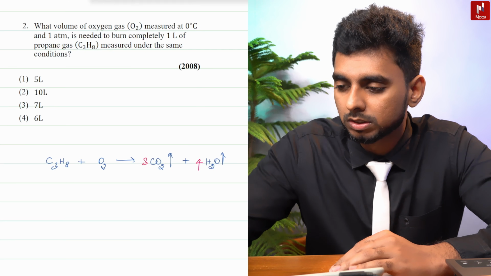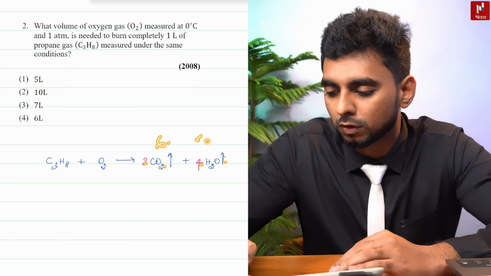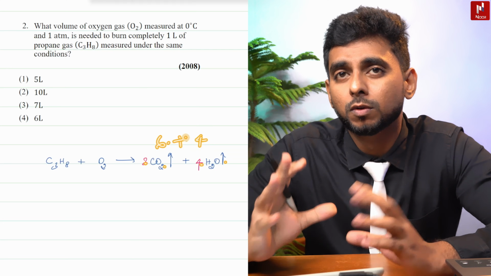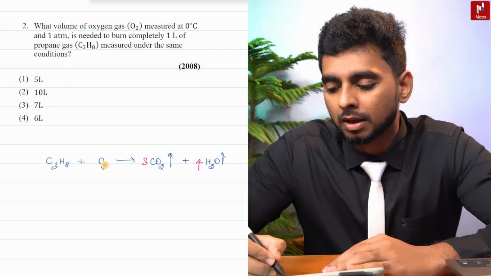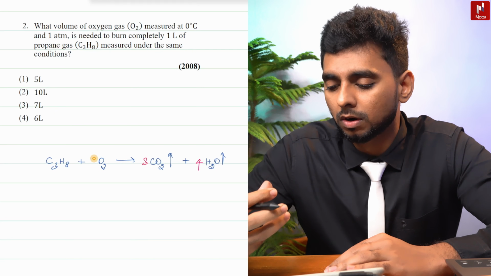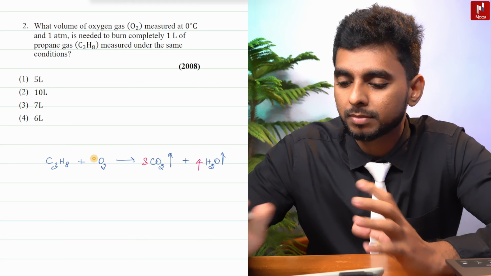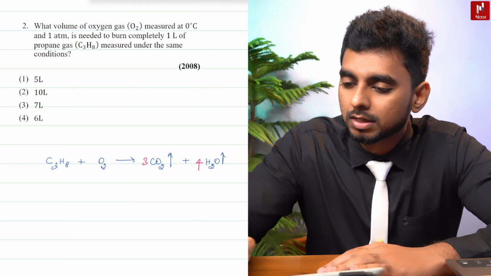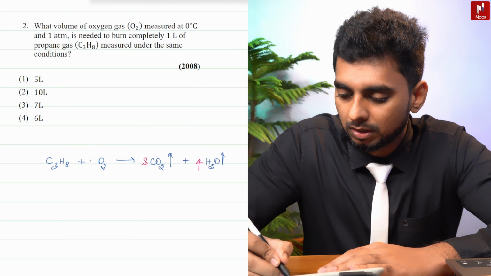You have 3 into 2, that gives 6, and the same way you have 4, so 6 plus 4 gives 10 oxygen. To get the 10 oxygen, I have taken the O2 molecule, which means I'll have to put 5 as the stoichiometry so that the equation gets balanced. You should be clear with this balancing. These are easy ones.